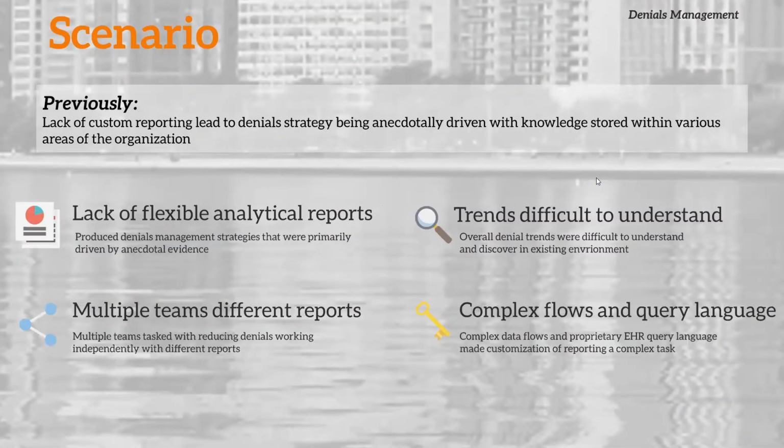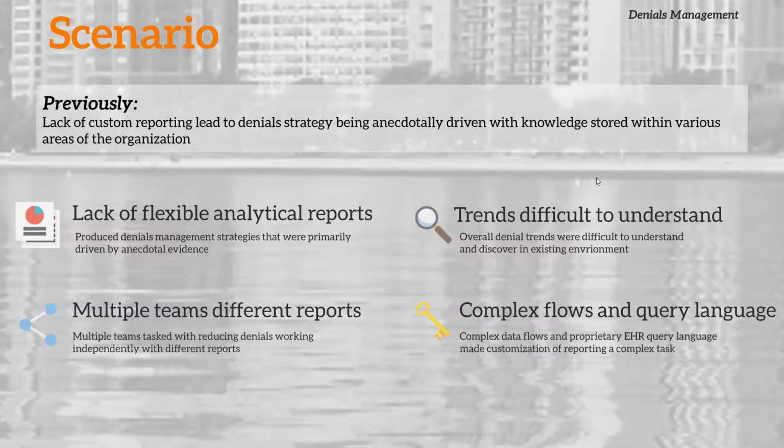Looking into the scenario, previously the hospital was looking at their current claims denial populations, but the reports being generated weren't flexible and robust to filtering. Numbers were presented on this health plan, and for this reason it's rejecting these insurance claims.